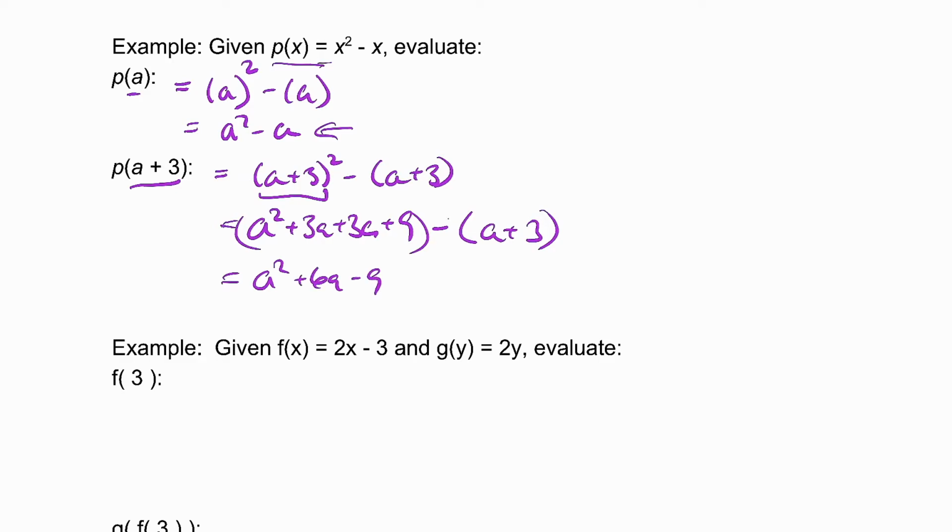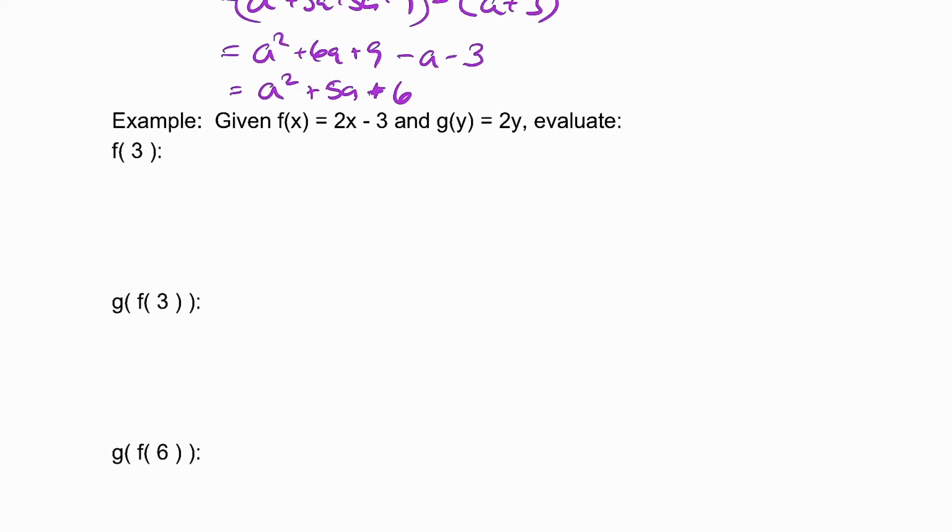And maybe now distribute the negative, so we need to be careful of this. So that's going to be minus a minus 3. And finally, a final simplified answer in this case is going to be a squared. So 6a minus a is plus 5a. And then positive 9, this should be a positive 9. Positive 9 minus 3 is 6. So that's going to be plus 6. Okay.